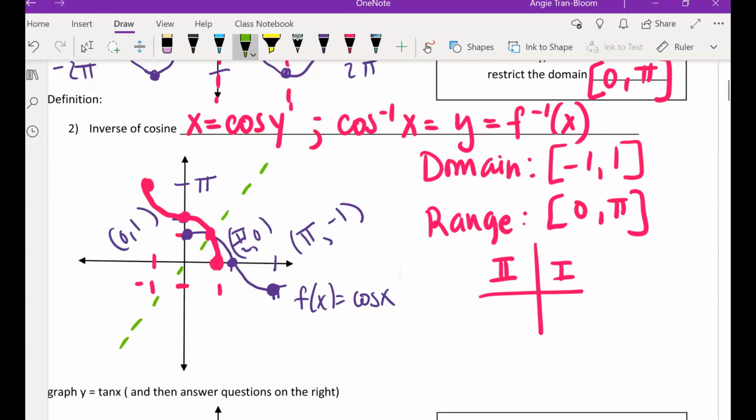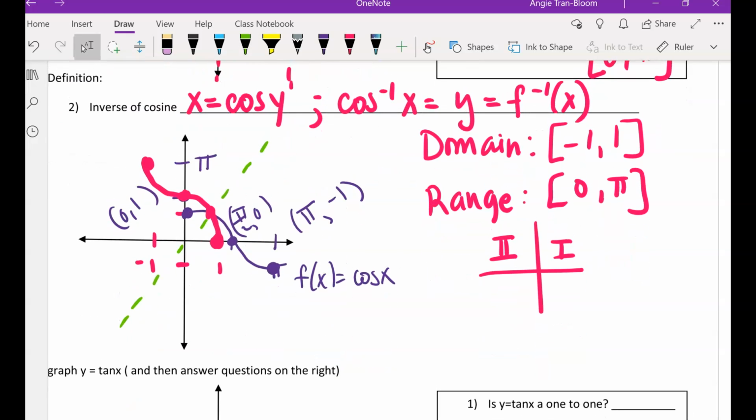I'll leave it up. I'm going too fast. If you know how to graph tangent, go on. But I'm going to wait for a little bit. I talk really fast. I write really fast. So you need to let me know when I need to slow down. Go ahead and move on to tangent.